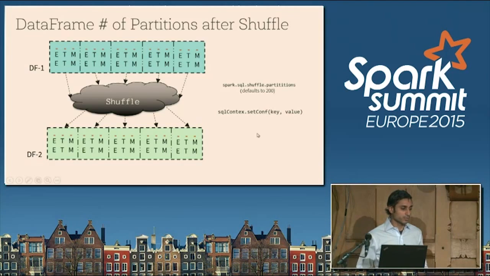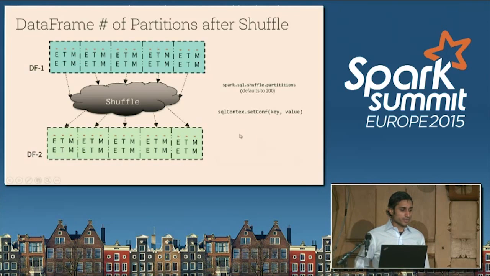Now, this is kind of weird because if you're working on a 2 megabyte RDD or a 2 megabyte data source, you probably don't need 200 partitions. Ideally, a partition, whether it's an RDD or a data frame, will have somewhere between 50 megabytes to maybe 200 megabytes.